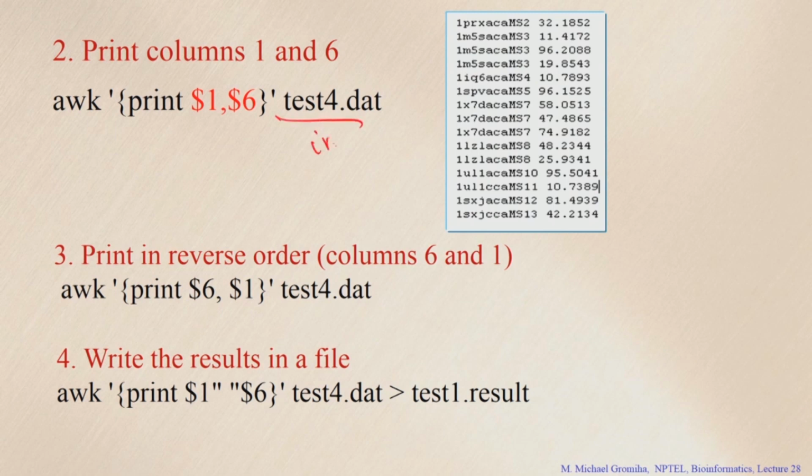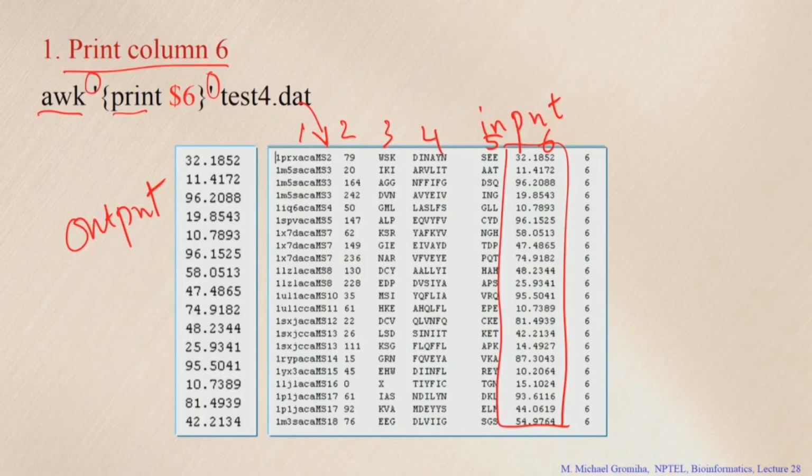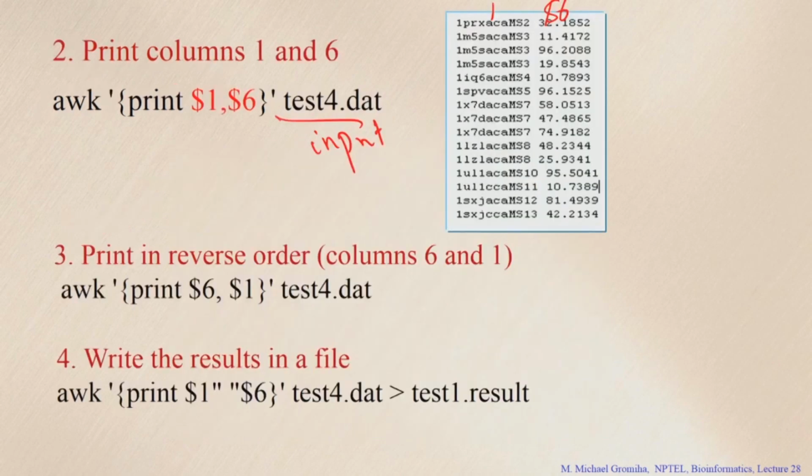Then you will see the first column and the 6th column. If you look at the input file, this is column 1, this is column 6, and you get 1 and 6.